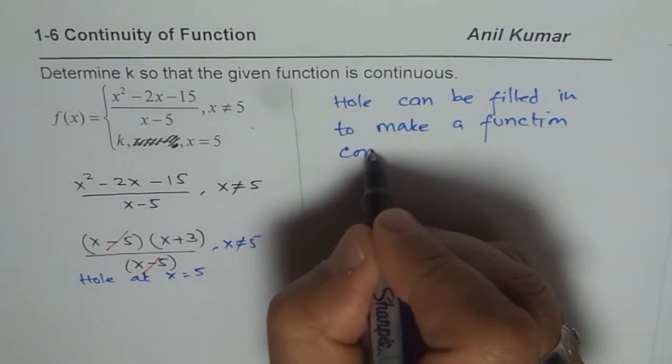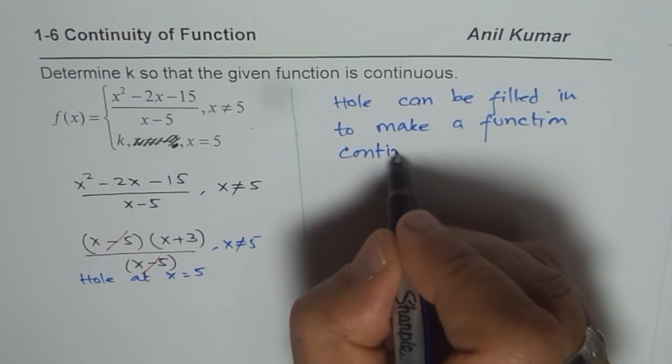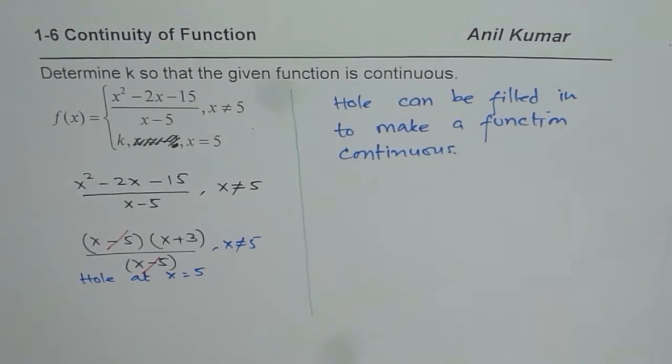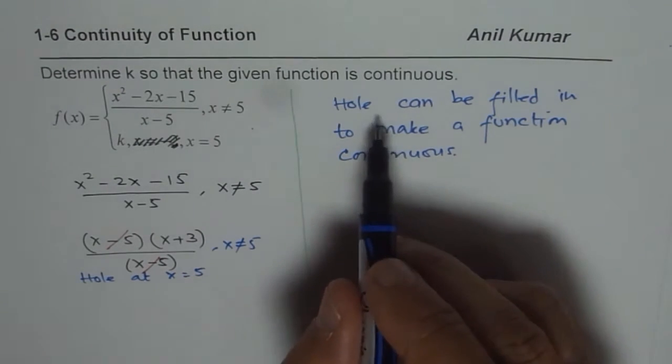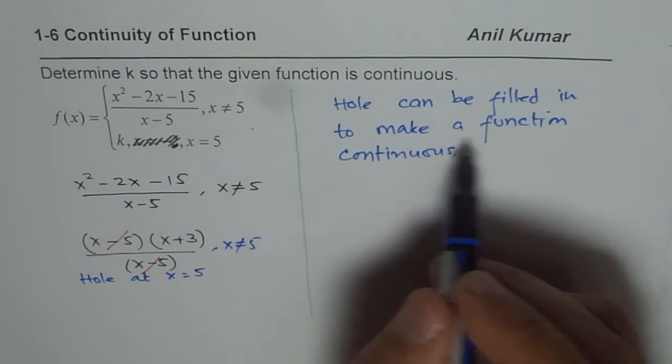That is the concept, and that is what this question is all about. You could be asked such questions in the test also. So a hole can be filled in to make the function continuous.